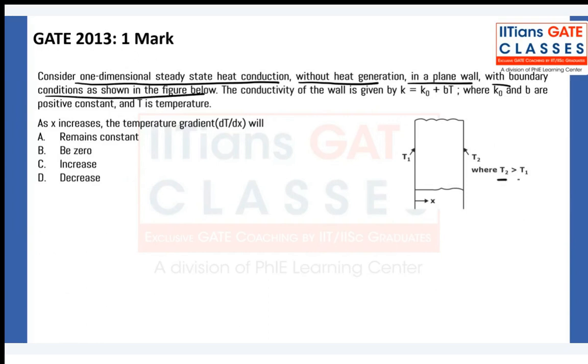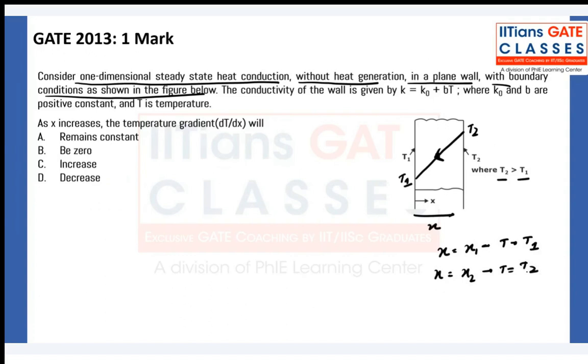That means this is the direction of heat transfer, and the direction of X is like this. At X equals X1, T equals T1, and at X equals X2, T equals T2.